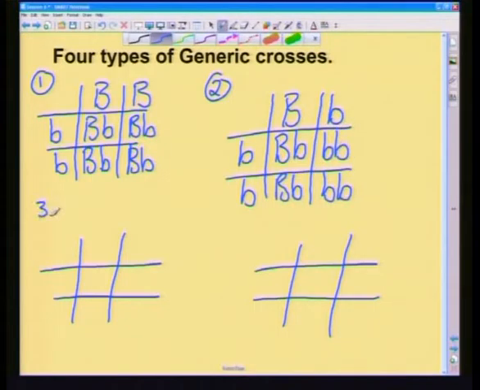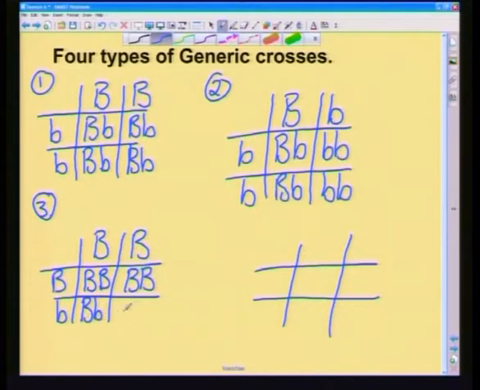The third type of cross that you are going to get, we're going to take homozygous dominant and heterozygous, and we would have very similar results to what we have in 2. Capital B, capital B, small b, except here you have 50% heterozygous and 50% homozygous dominant.